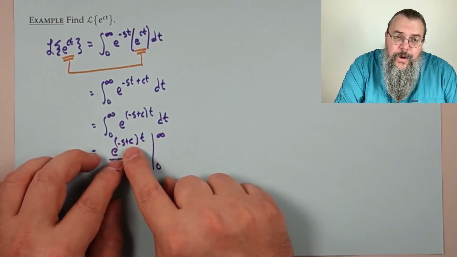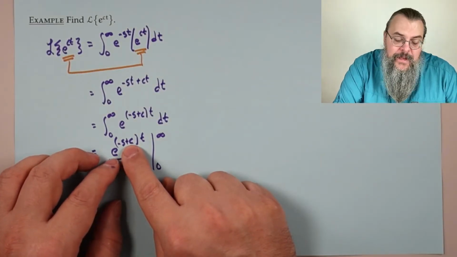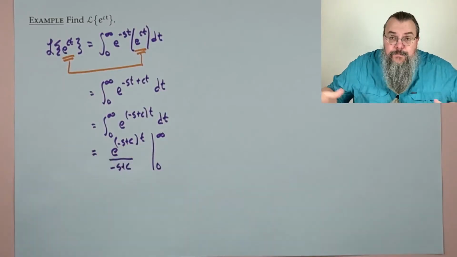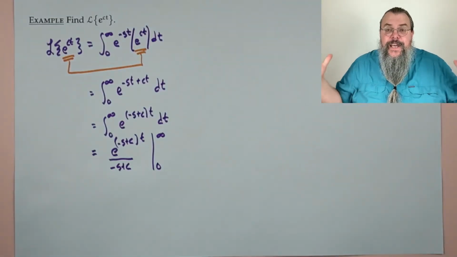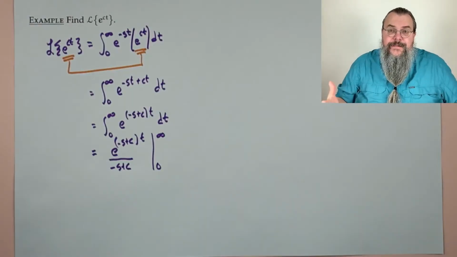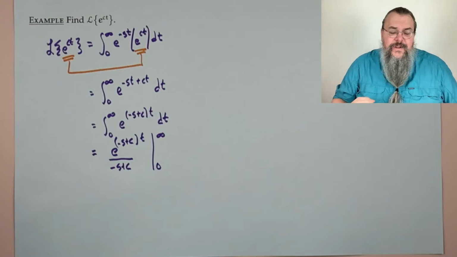Now, what is in front makes a difference. Because if the part in front is positive, then we're blowing up. If the part in front is negative, we're collapsing to 0. So we'd like it to be negative. But now we're like, well, it kind of depends on how s is related to c.